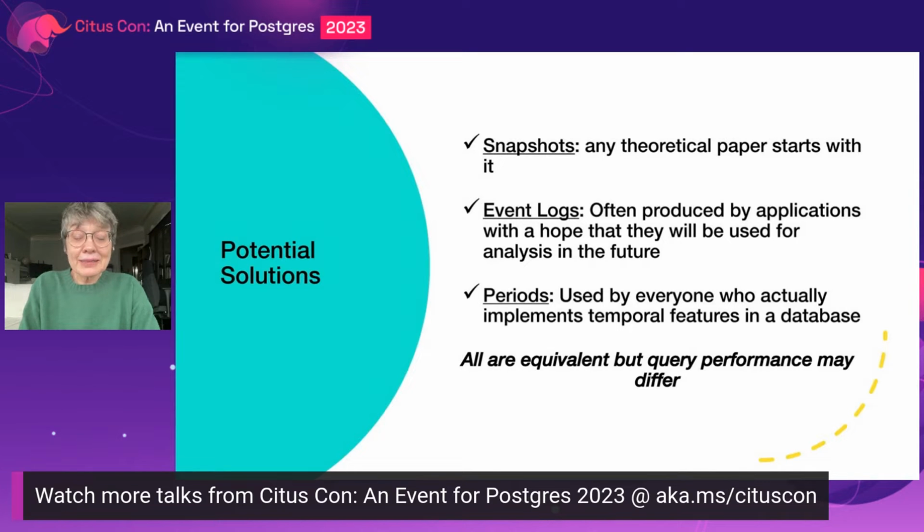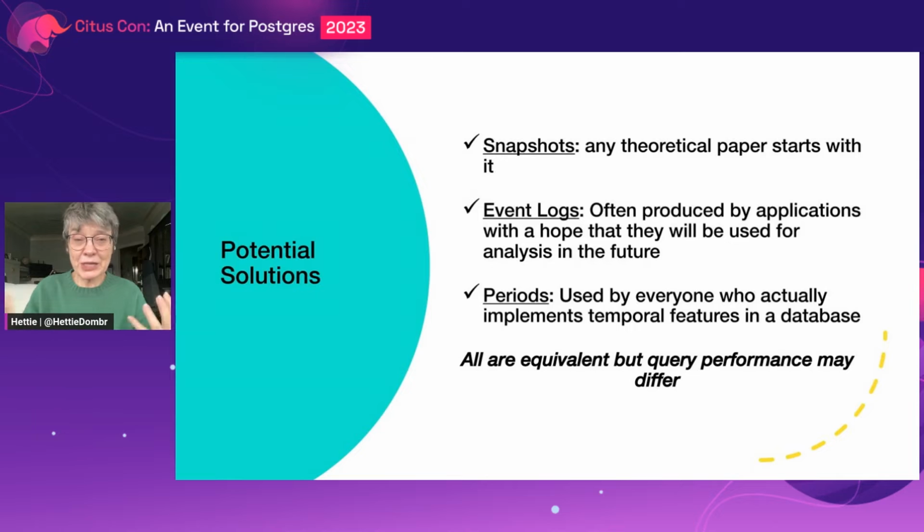The other way to implement a potential solution is an event log. Everybody loves event logs. You have an application, you go to your manager, you say, we need to record everything for auditing purposes. They're like, go for it. Hopefully somebody at some point will analyze it. They preserve the information, but they are very inconvenient to use.